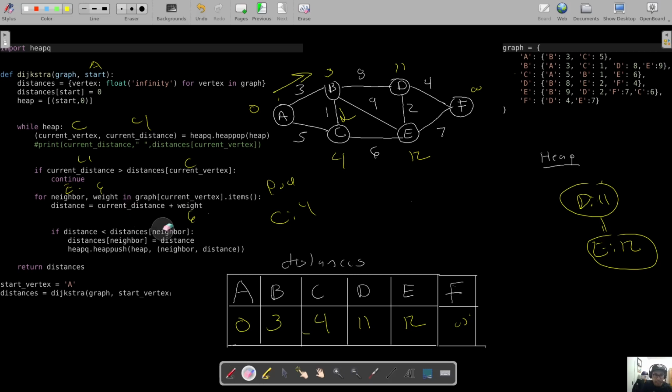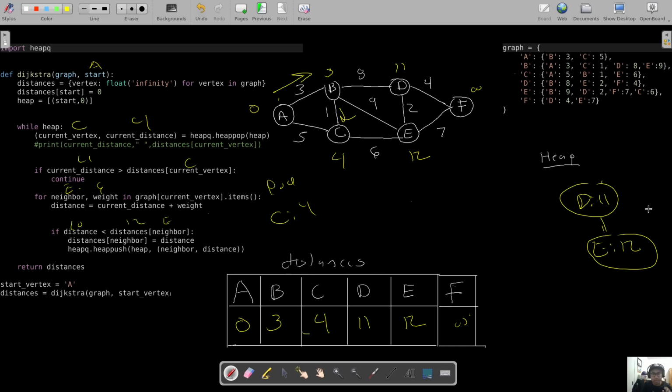4 here, which equals 10. And then right over here, we're going to check E, which is 12. 10 is less than 12.